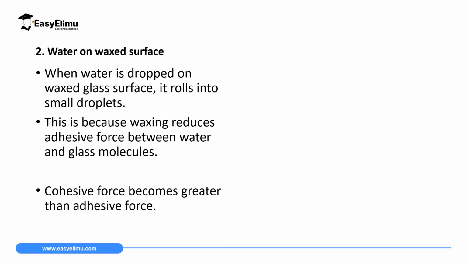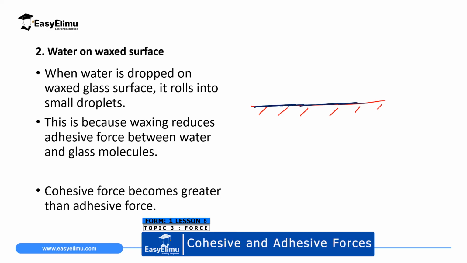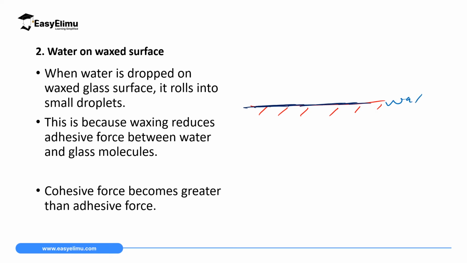Now, when we have water on a waxed surface, it means the surface now, if it was a glass like this one, we bring oil and smear on this surface such that it will prevent the direct contact between water and the glass molecule. So this one is waxed.